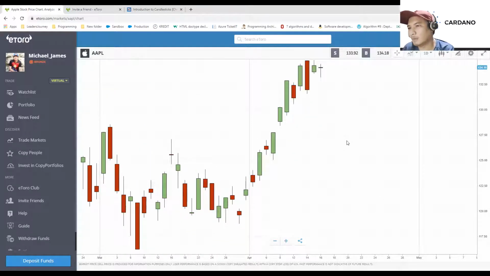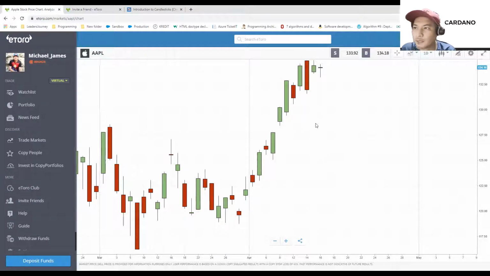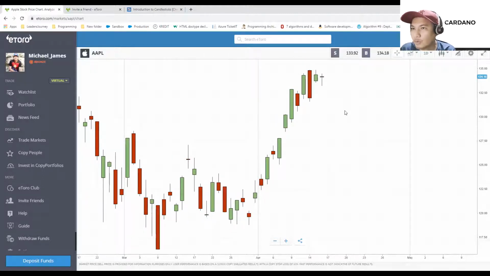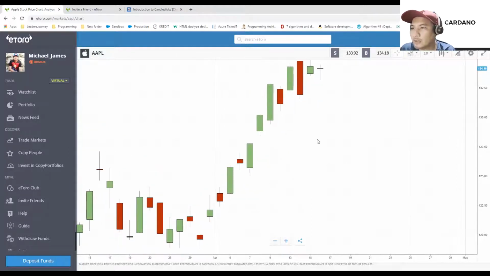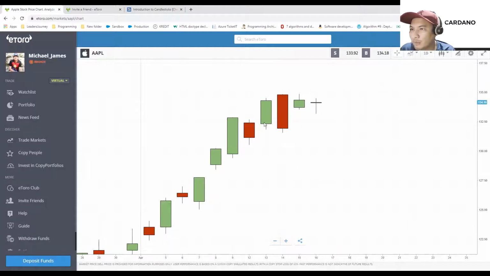Now let's look at this chart. What you can notice is that there's this green color and also this red color. When the body of the bar is red, that means the price of Apple stocks or shares went down, and when the color is green, the price of Apple shares went up.